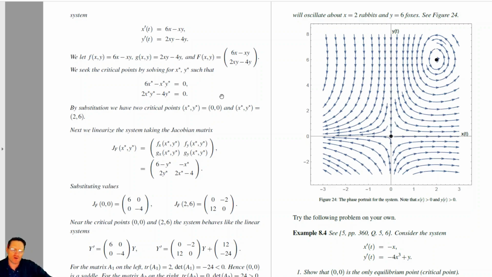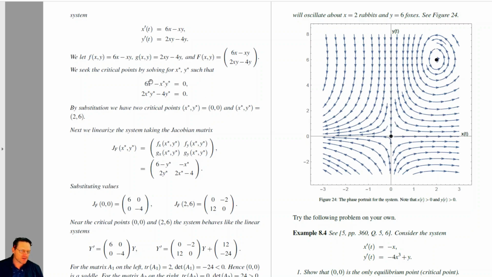We're going to just solve nonlinear systems that happen to have easy critical point solutions. So we need to solve, in this case, the right-hand side equals 0. So here we have 6x star minus x star y star equals 0, and 2x star y star minus 4y star equals 0.